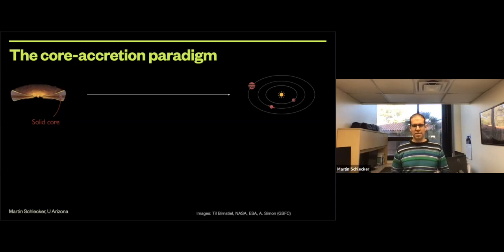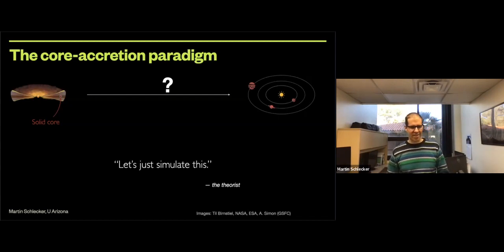The problem again is that all these processes, we can generally not directly observe them. And so in order to close this gap that we have between observations of disks and observations of planetary systems, we do what theorists like to do, we run simulations, right? What I've shown you just now is of course a simplified picture.